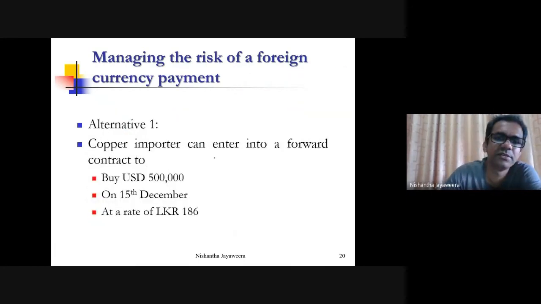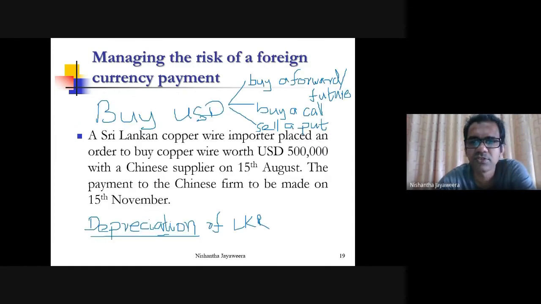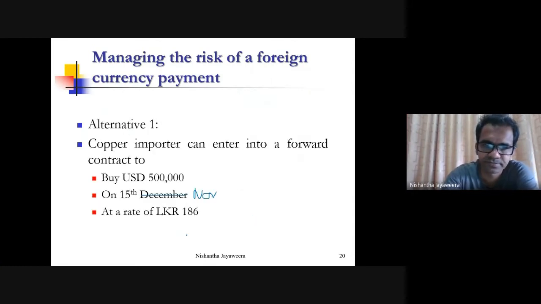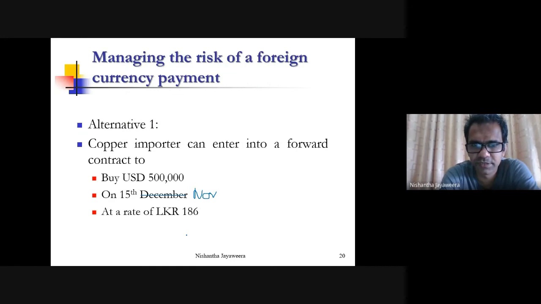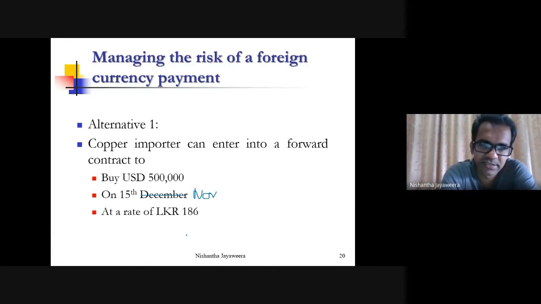It should be November, because in this it says 15th November. So the forward contract should be to buy $500,000 on 15th November. The agreed rate is 186.